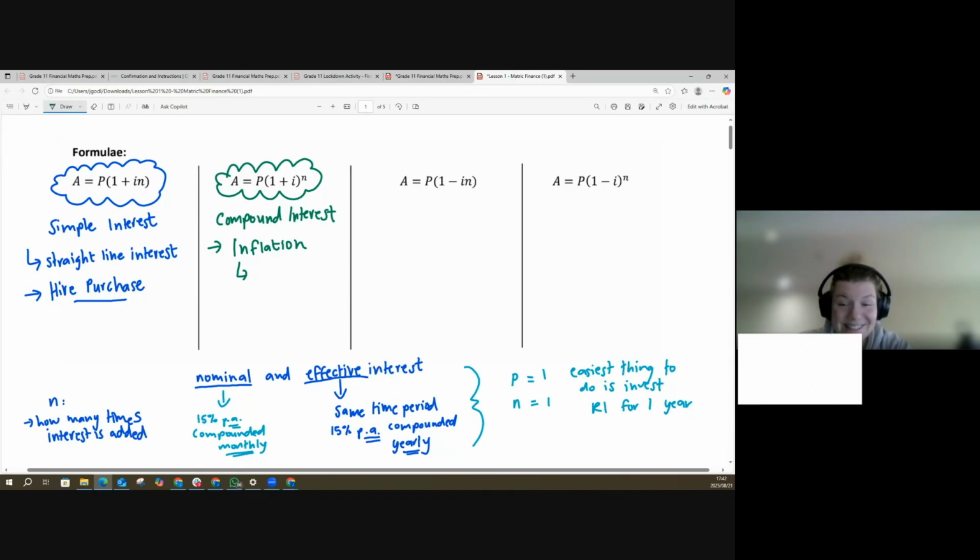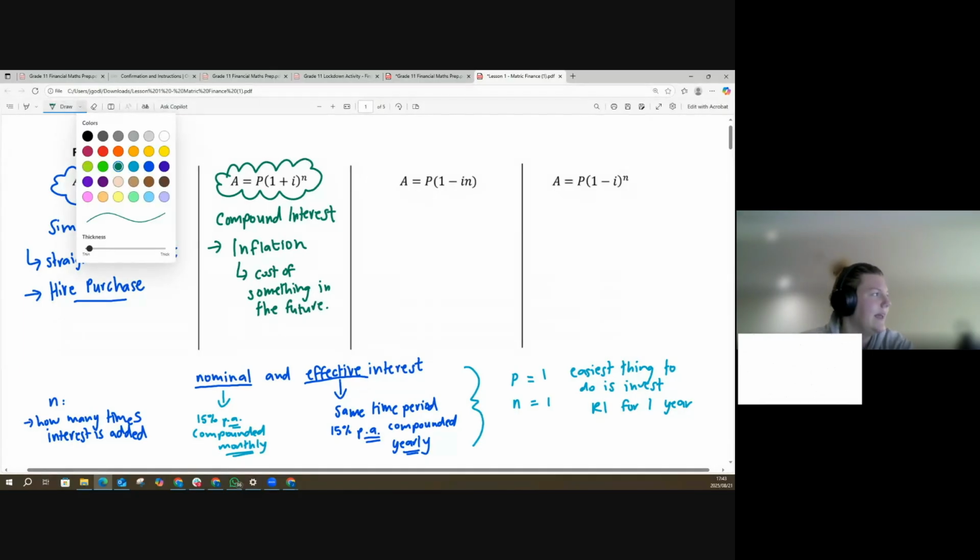Nothing in the chat yet? Yeah, exactly. How much something will be in number of years or the rate of increased prices. So the cost of something in the future. Exactly. Okay, cool. Like it.